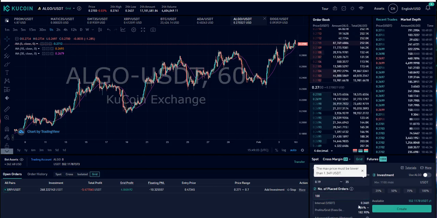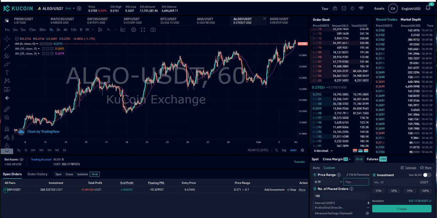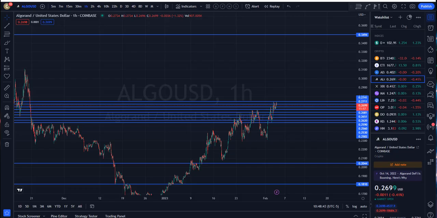So at 100 orders, that's 34 cents. 0.35 cents. There we go. I had $35. I was like, that does not sound right. Okay. At 50, that puts us at basically a third of a penny. So every 0.3 cents, it's going to make a transaction.